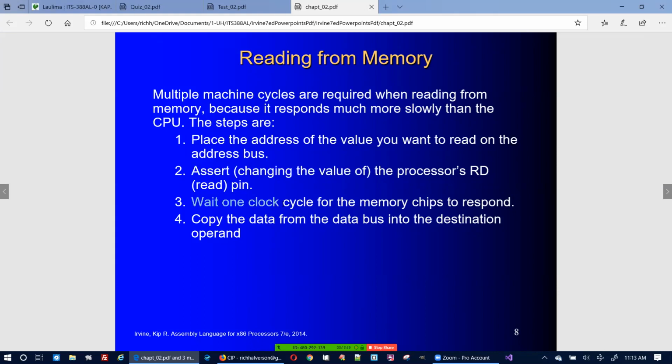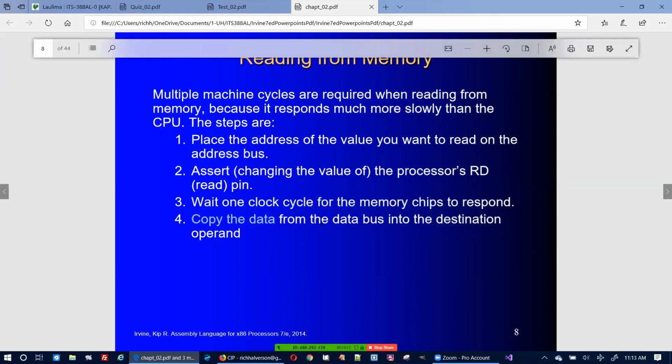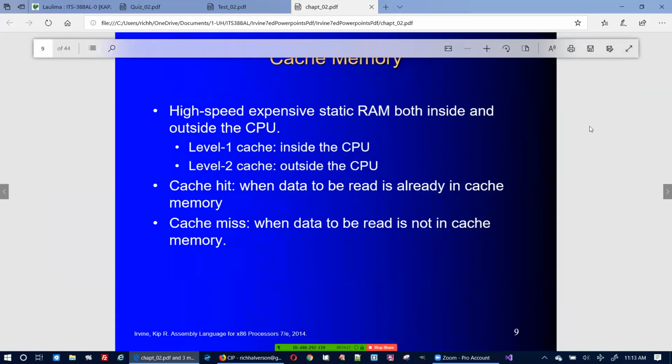And then it waits a clock cycle for the memory chips to respond. The addresses have to propagate into the memory chip, and then the data finds its way out the data bus and on its way back to the processor. And then the data is copied from the data bus into the processor, usually into a register, or always into a register.